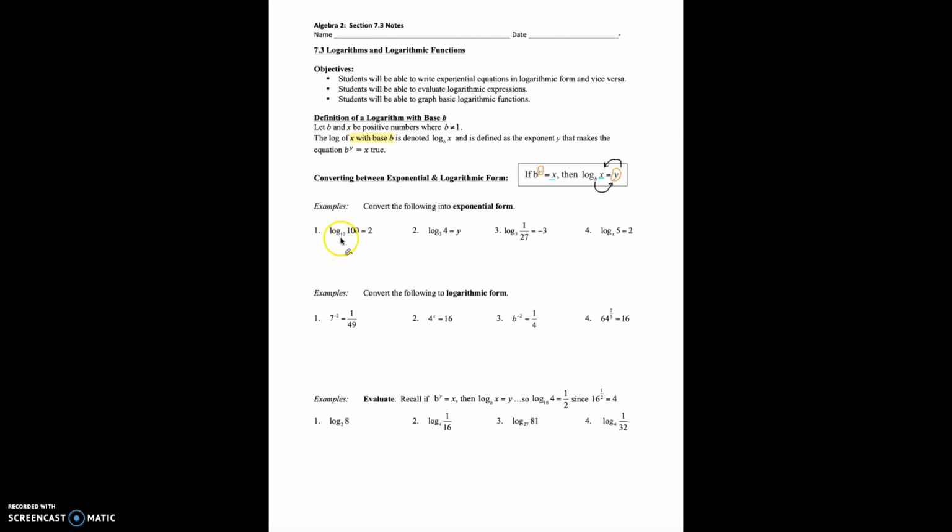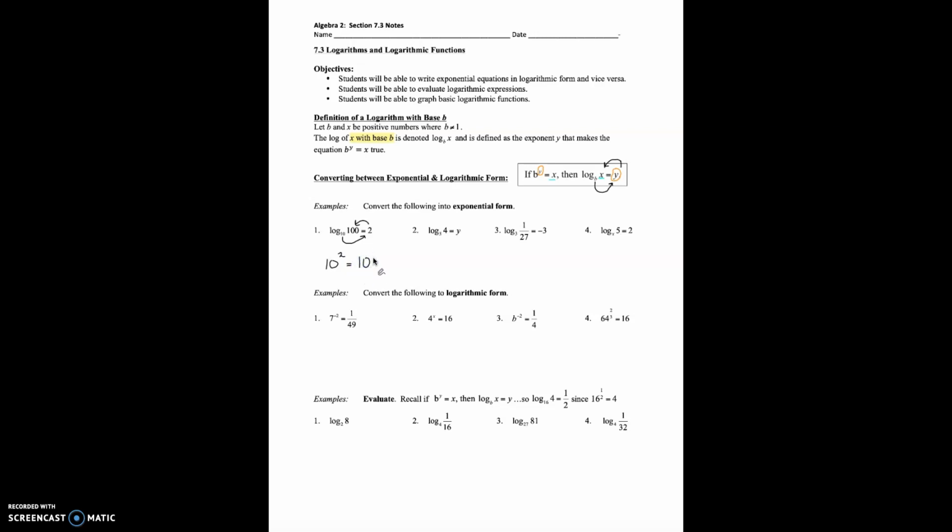So we're going to say 10, because that's our base, to the second power is equal to 100. And hopefully you all recognize that's true. 10 to the second power is equal to 100. Later on, we're going to have some variables there, and we can actually solve for x or y.